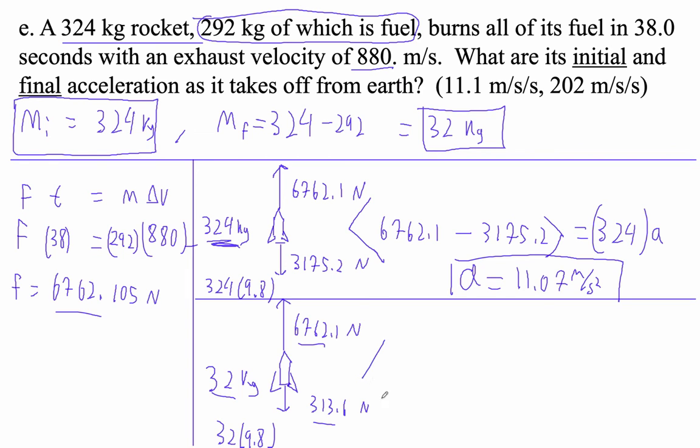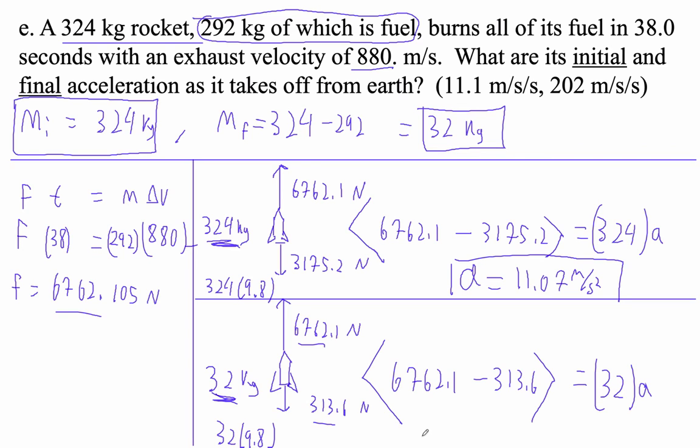We're going to set up Newton's second law. So 6762.1 minus the new weight, right? 313.6. That equals 32 times A, right? So we got a new mass, right? The mass is 32 now. Okay, so we can do this. The 6762.1 minus the 313.6.